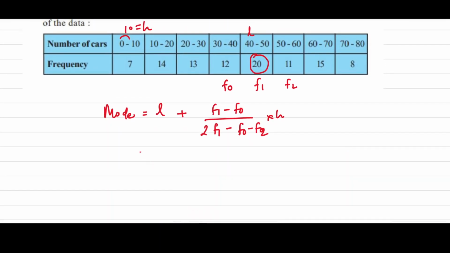Now put the values here. L will be 40 plus F1 will be 20 minus F0 will be 12. Now 2 into 20 minus F0 will be 12 minus F2 will be 11.